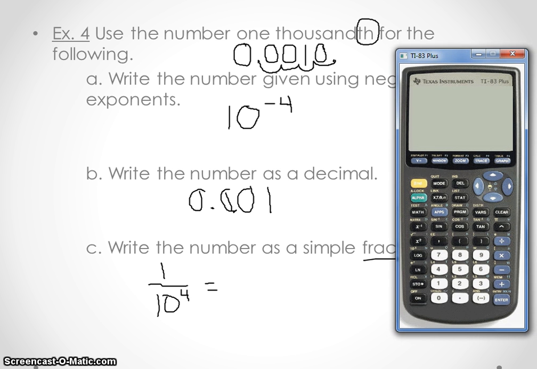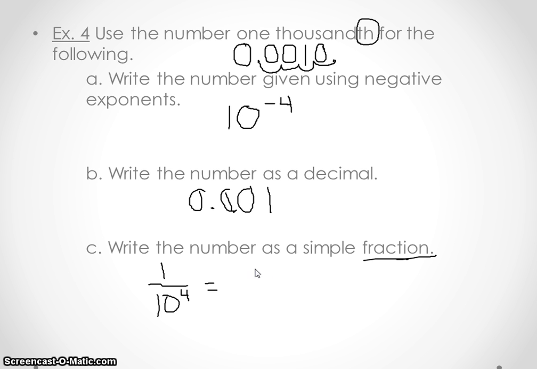So 10 to the 4th power gives us 10 with 4 zeros, or 1 with 4 zeros, which makes sense. So that would be 10,000. So 1 over 10,000. And there you are. There's your simple fraction. We want this piece right here. That's all.